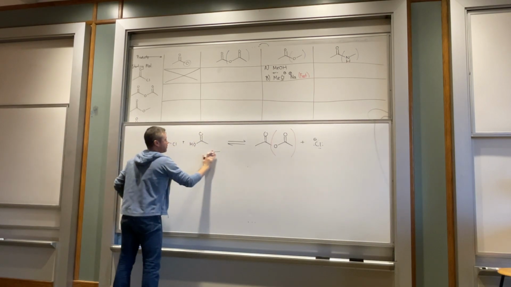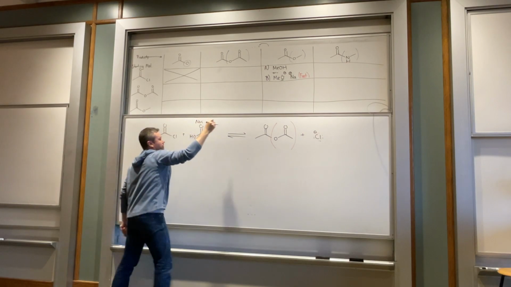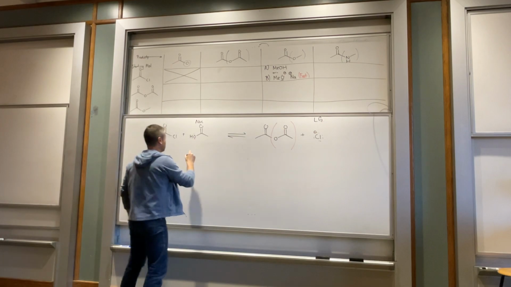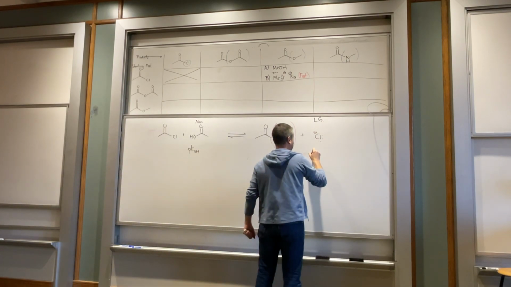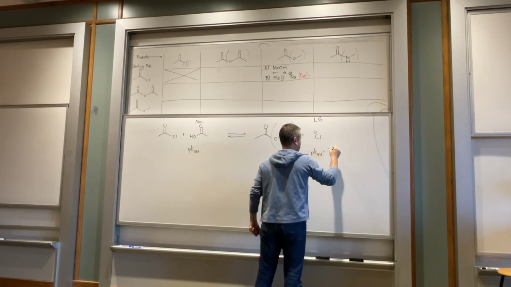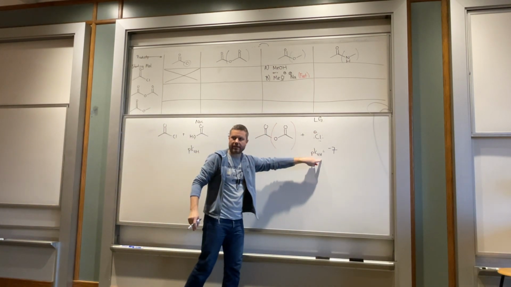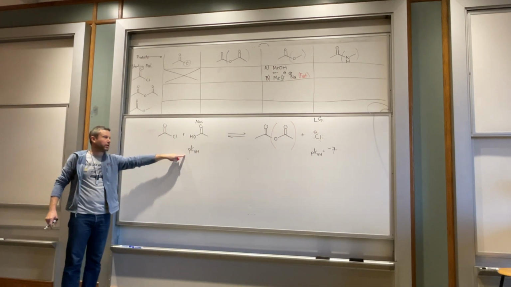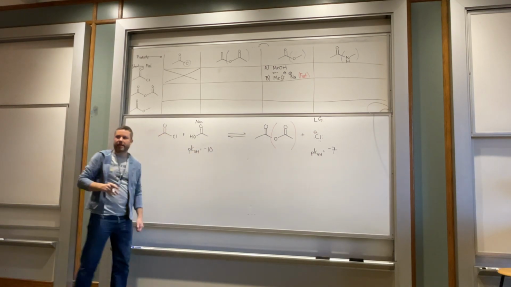Let's think about if this is going to work. Here's our nucleophile. This is our leaving group. The pKa of the conjugate acid of chloride, HCl, is -7. The pKa of the conjugate acid of acetic acid is probably around -10.